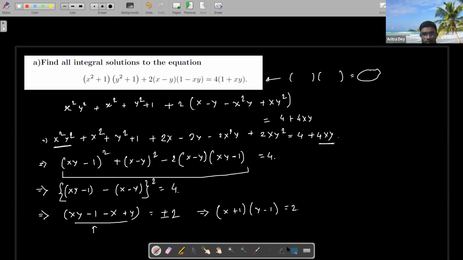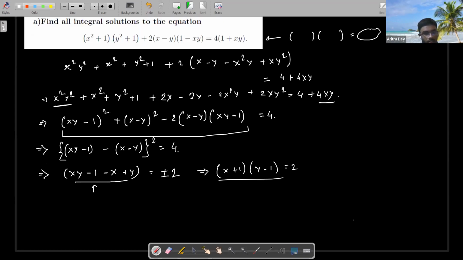Check it. This will be the factorization. Let me do this: suppose I take y common. So it will be x plus 1. And if I take minus y common, this will be 1 plus x. So finally it gives this, right? Sorry, here should be plus minus 2.